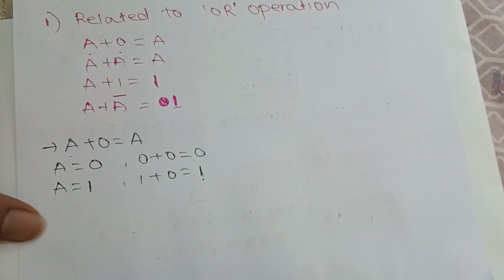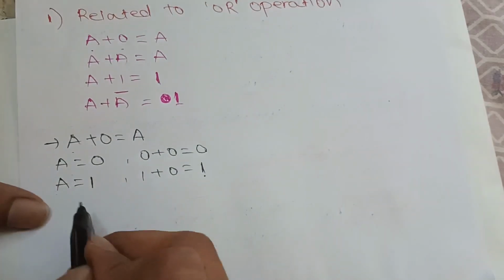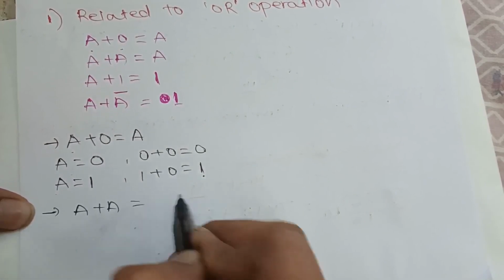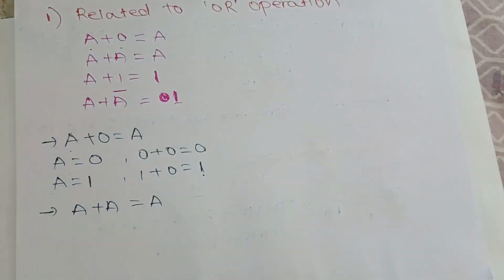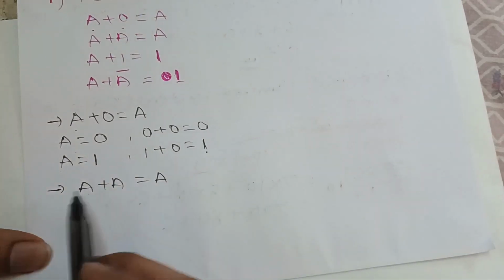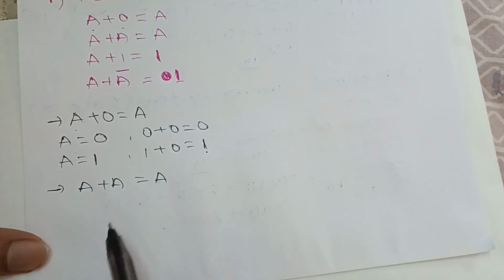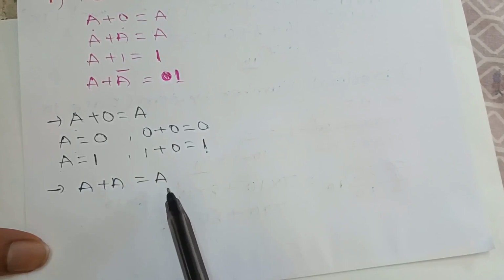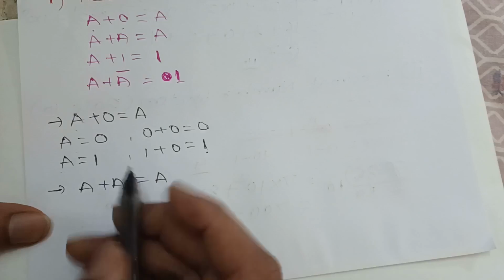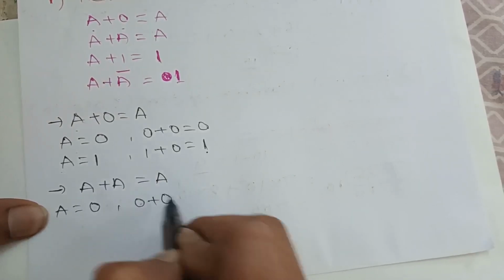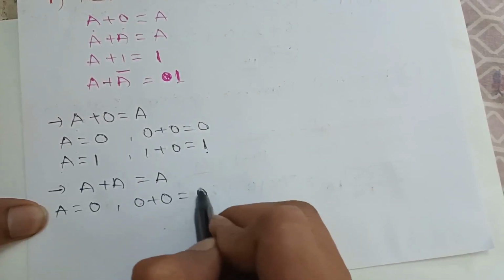Okay, next comes a plus a is going to be a. So see over here, a plus a means the same variable, where when we take the OR of it with itself, the result we get is nothing but the same variable. Okay, so suppose a equal to 0. 0 plus 0 is going to be 0.